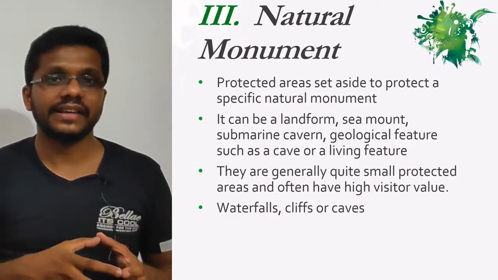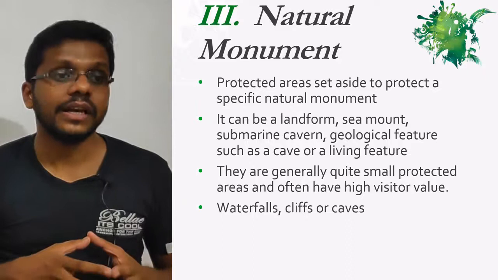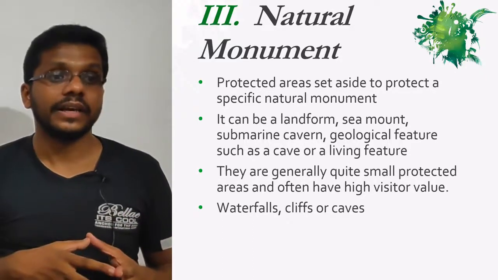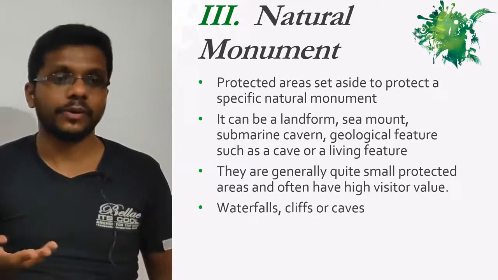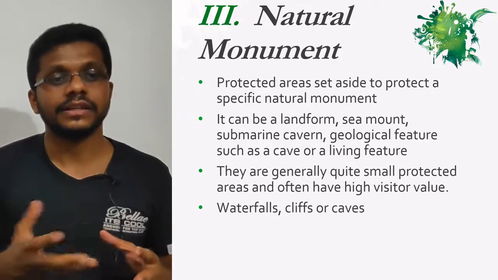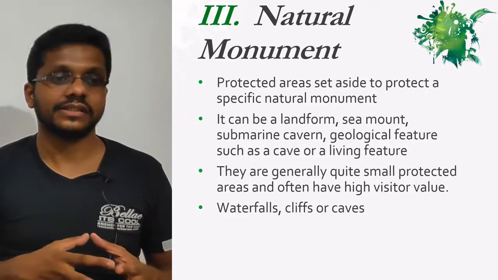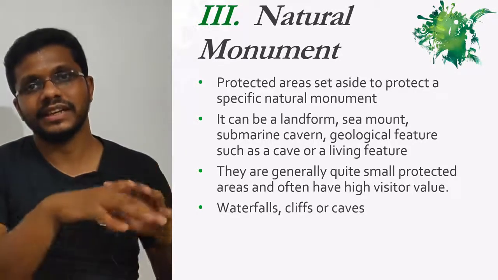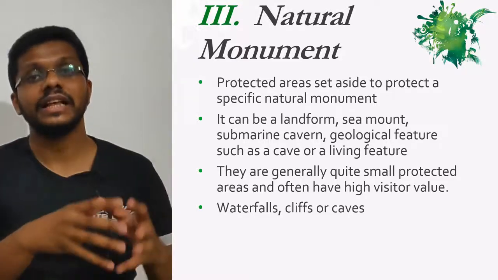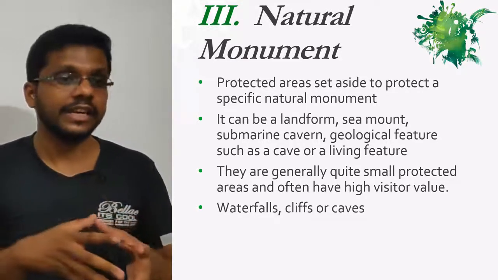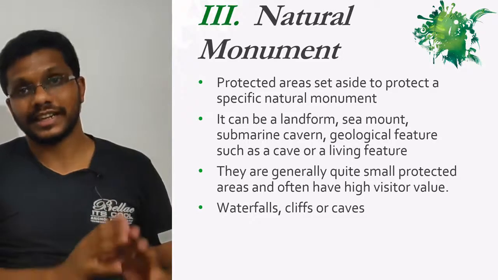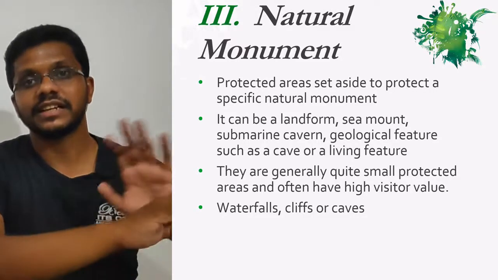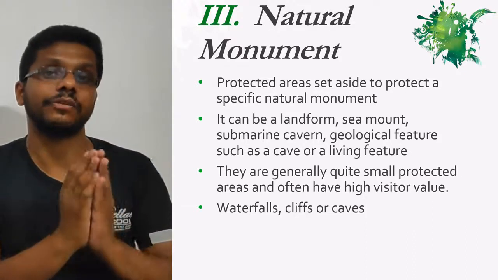Type 3 areas are the natural monuments. They are protected areas set aside to protect a specific natural monument. It can be a landform, seamount, submarine cavern, geological features such as caves, or living features. These are more known for their natural or geomorphological importance, not for biodiversity, but they are protected so that along with those natural characteristics, the biodiversity will also be protected.